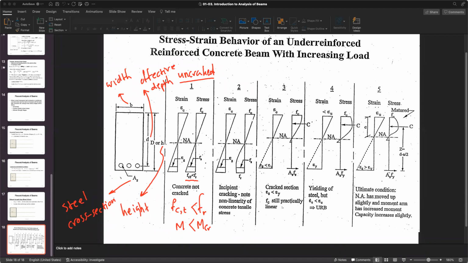At this stage, as a second stage, tension concrete begins to crack. At this point, I want to add the information for it.